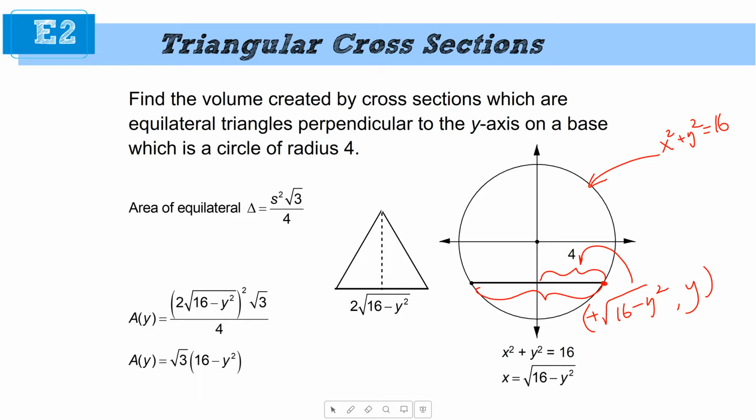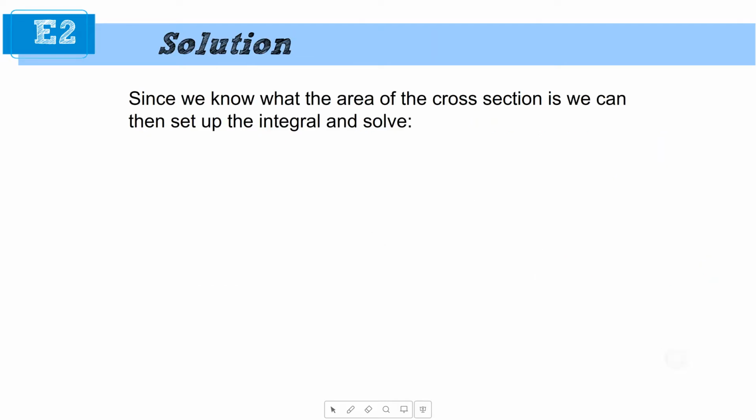Somebody answer, because I'm not giving it to you. -4 to 4. Is there another way to do it? No. Okay. There is. But I think I did it from -4 to 4.